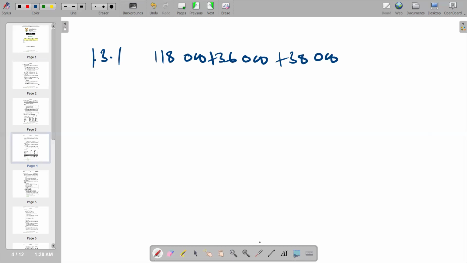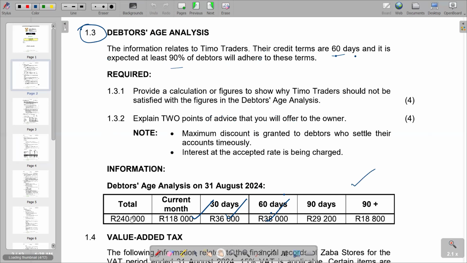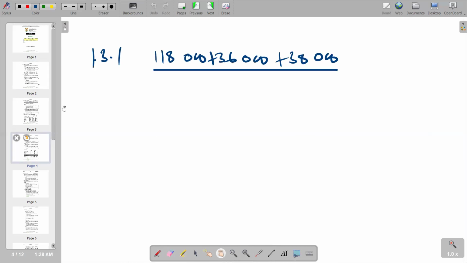So the answer that we are going to get there, we are going to say over the total that we have. So if you refer back, you'll see that the total, we've got 240,000. So this is going to be our denominator. Then we multiply by 100 over 1 to get the percentage.